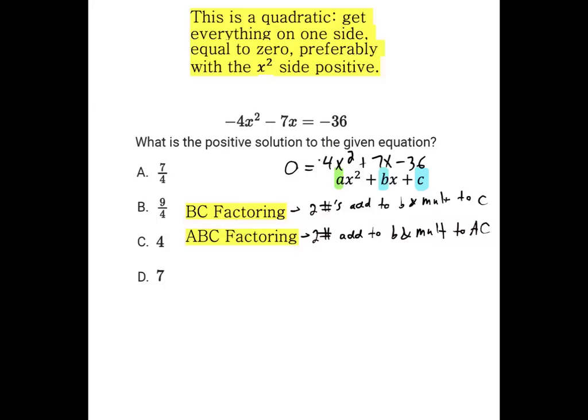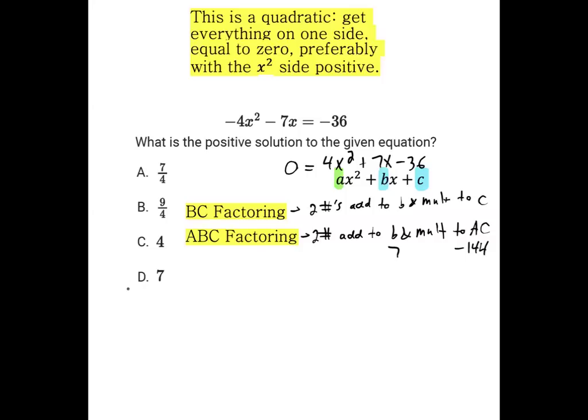And A times C is 4 times negative 36. So we want two numbers that add to 7 and multiply to negative 144, which is 4 times negative 36. So to do our factoring, we need to find what two numbers do that.